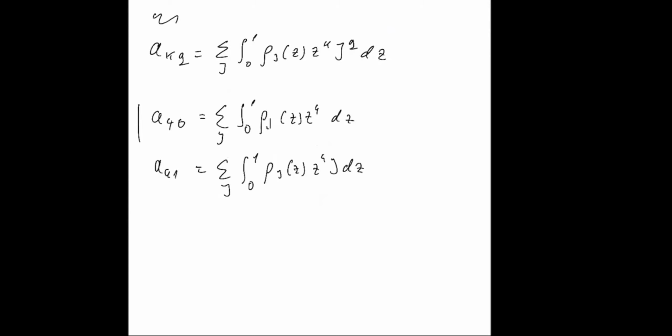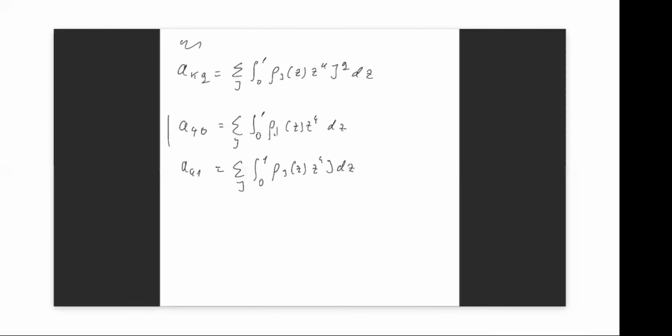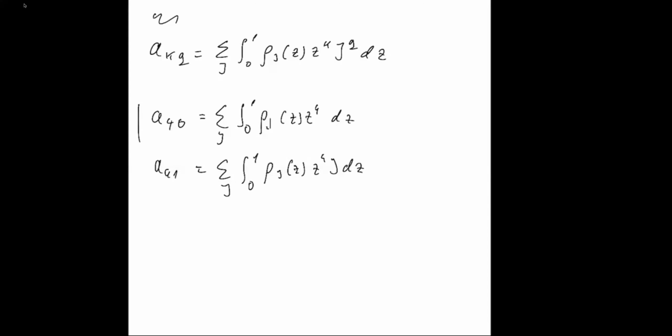So G2K plus 1 is ZK. That means when K equals 0, which is G2 0, you get Z to the 0.